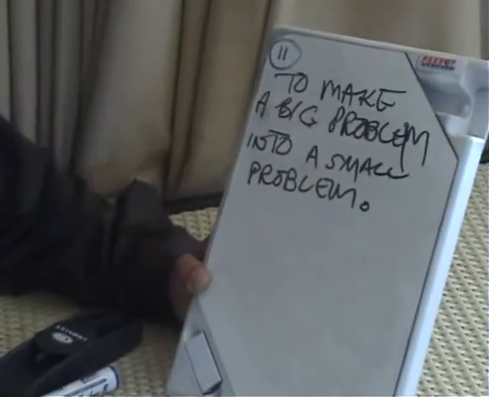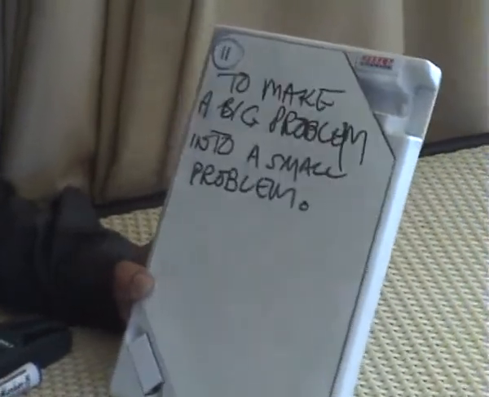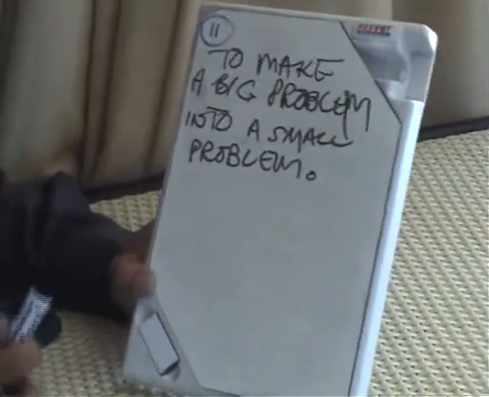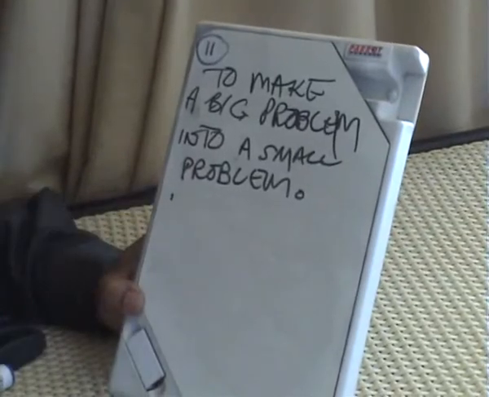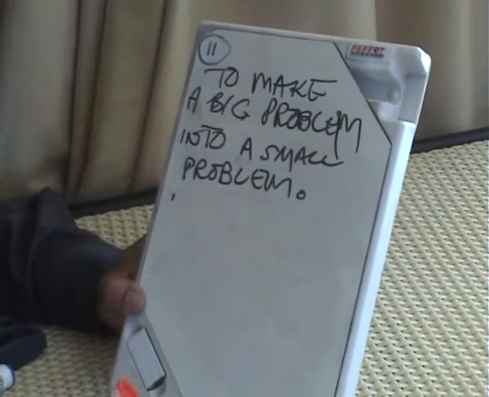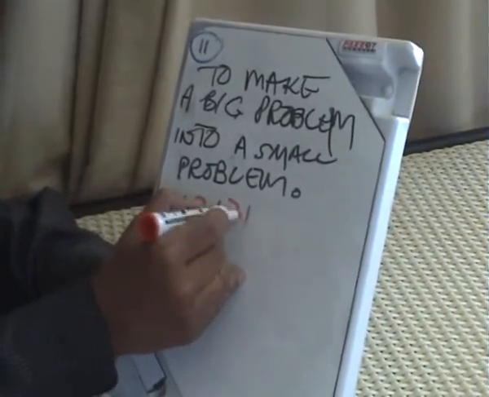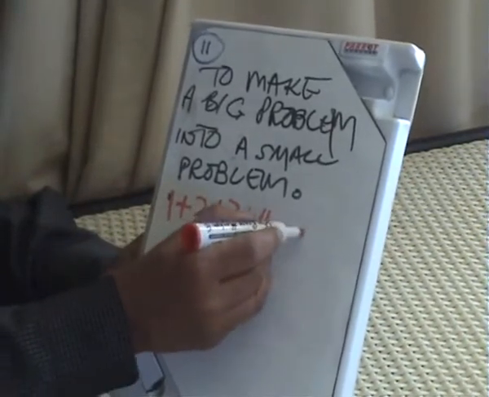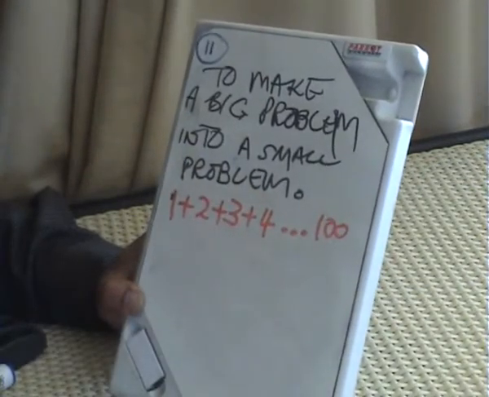In life, people try to make a small problem into a big problem, but in maths, we always make a big problem into a small problem. For example, if I was told to add 1 plus 2 plus 3 plus 4 till 100 without a calculator, it's a very big problem for me.